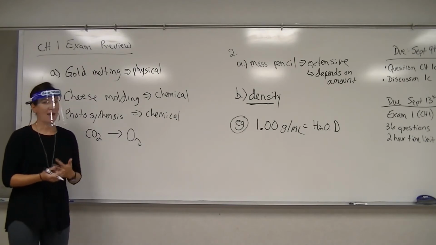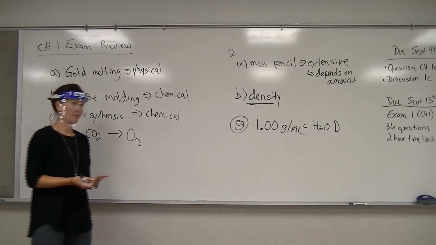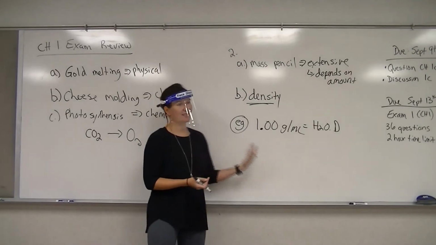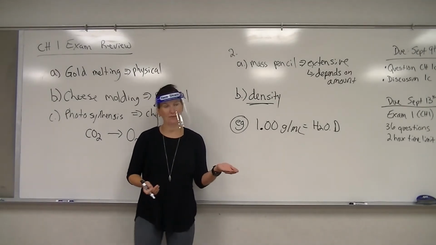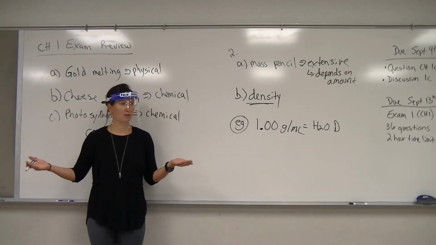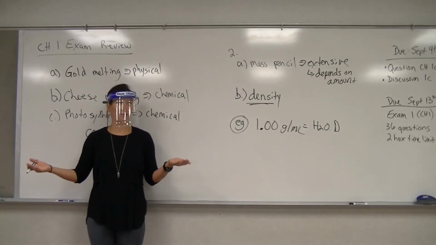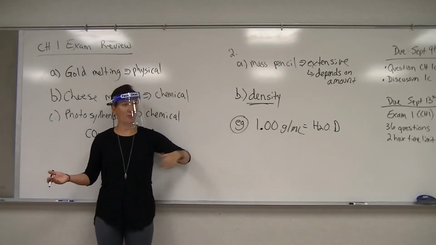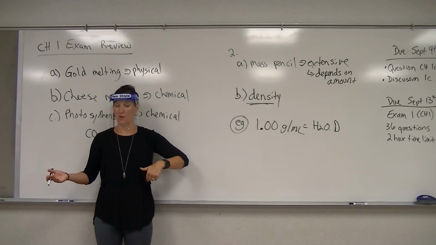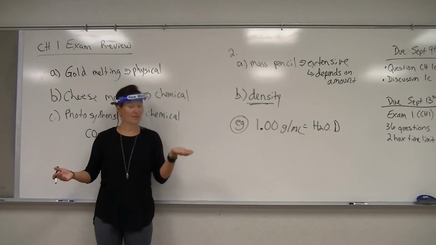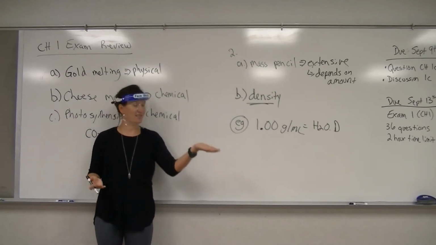Now, does it matter how much water I have? Will the density change if I had a drop of water versus a whole bucket of water? I said the density of water is 1 gram per mL. So if I have a glass of water and a bucket, what's the density of my glass of water?